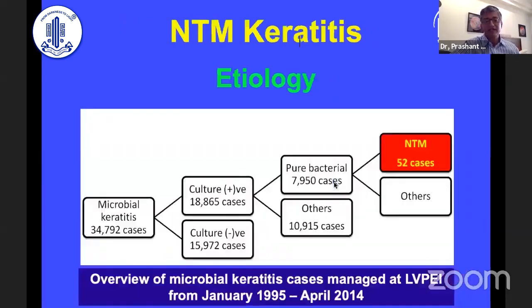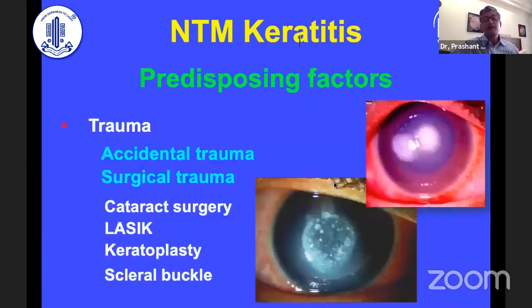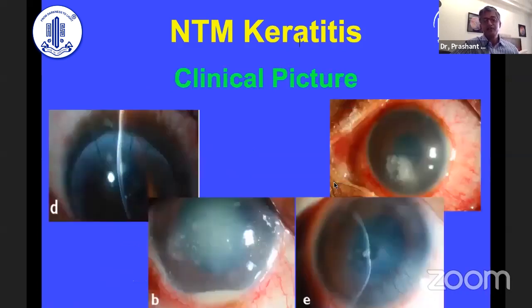It is important that we take into account these cases where there is a typical history and suspect non-tubercular mycobacteria. Now, why is it important? Because these patients do not have a very characteristic clinical picture. It all depends upon the predisposing factor. Trauma is one of them, and the other predisposing factor is prior surgery.